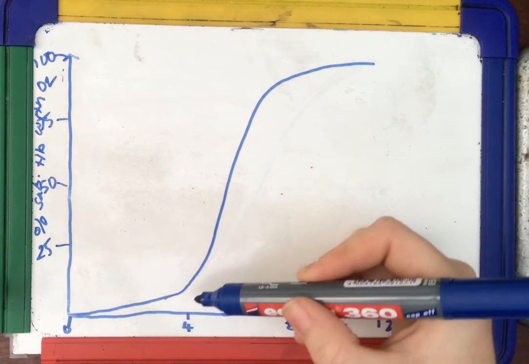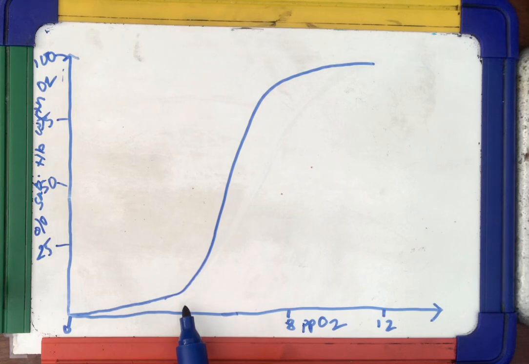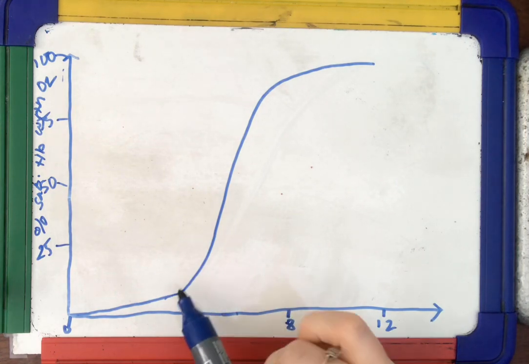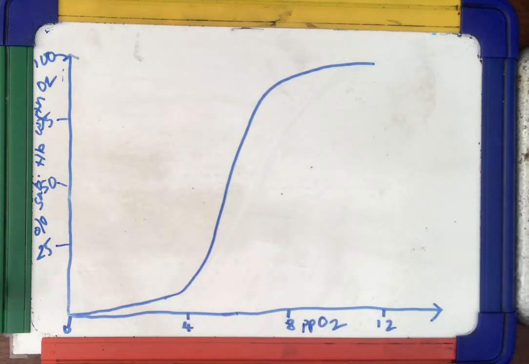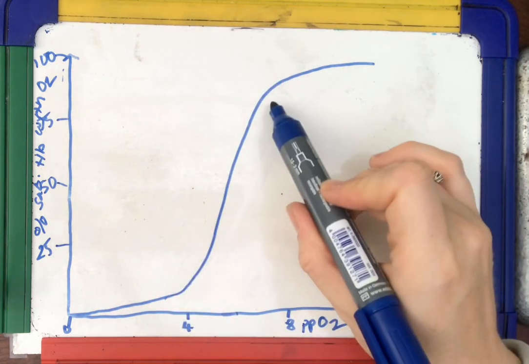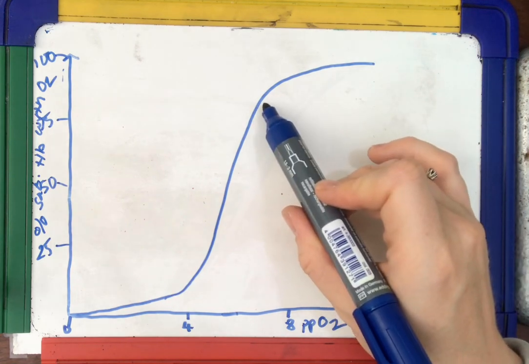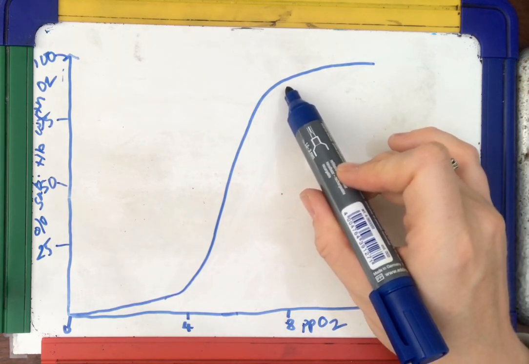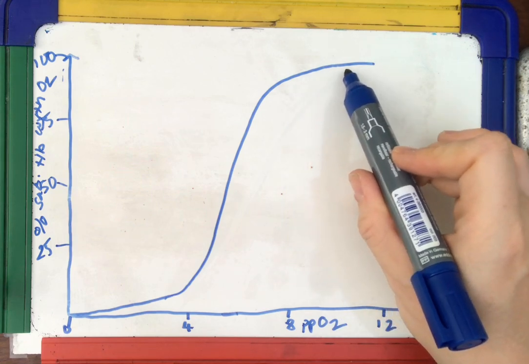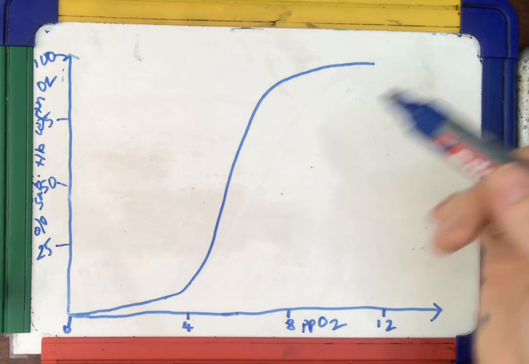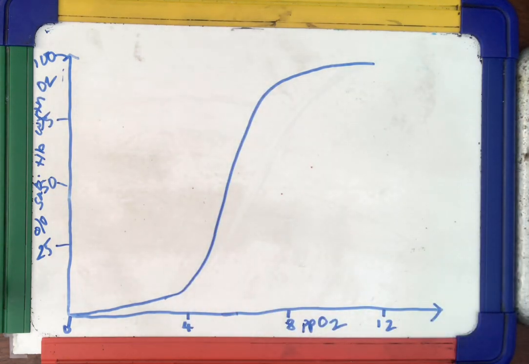But this very steep rise here shows us with a small increase in partial pressure of oxygen, we actually get a rapid increase in the percentage saturation of hemoglobin with oxygen. And then it levels off a bit, so it slows down the rate at which the hemoglobin becomes saturated with oxygen until it gets to its maximum. So it's 100% saturated, it's got its maximum oxygen it can carry.